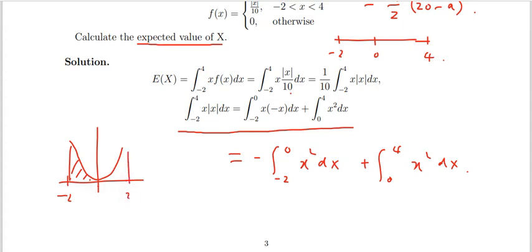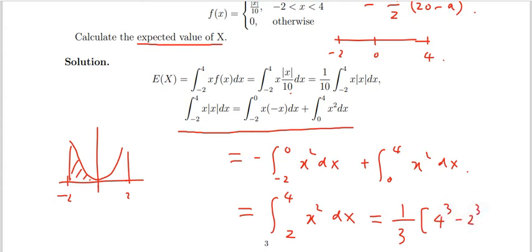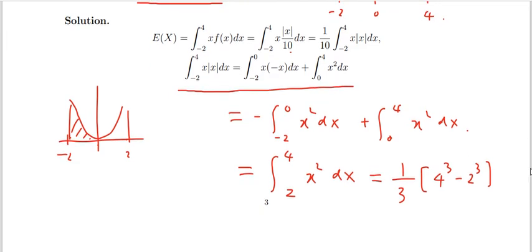So this is from 0 to 4, so we can change this to from 0 to 2 cancelled, leaving from 2 to 4 of x squared dx. So that equals one third x cubed, right? So x cubed is 4 cubed minus 2 cubed over 3. Such a problem is just like a math problem.